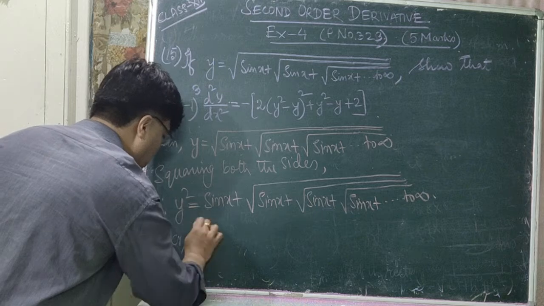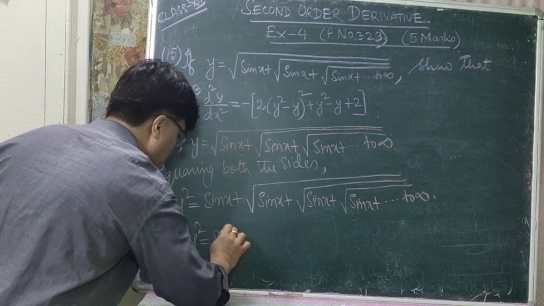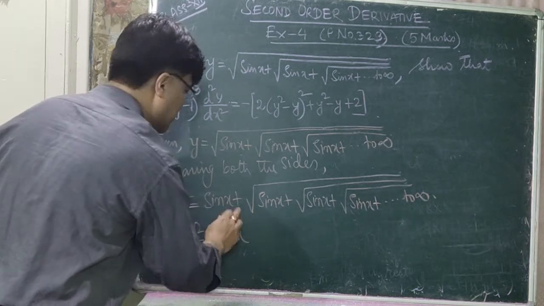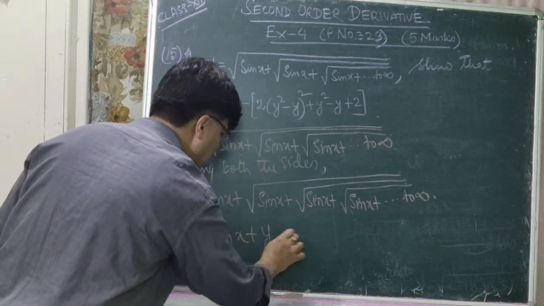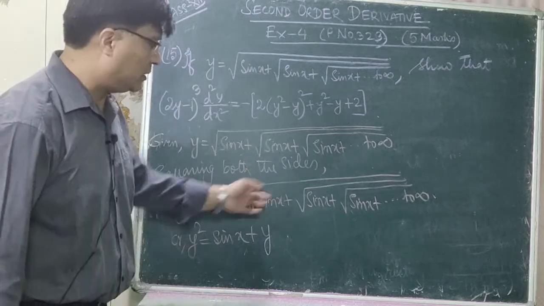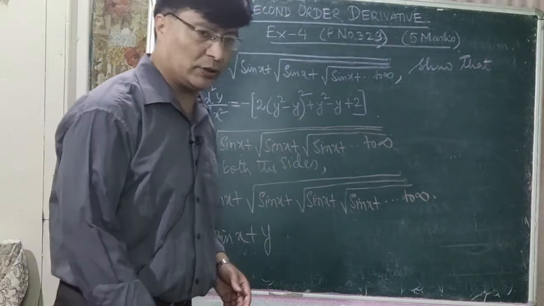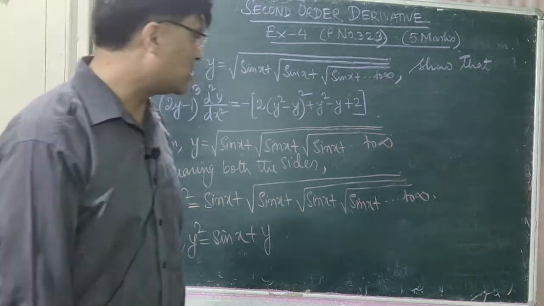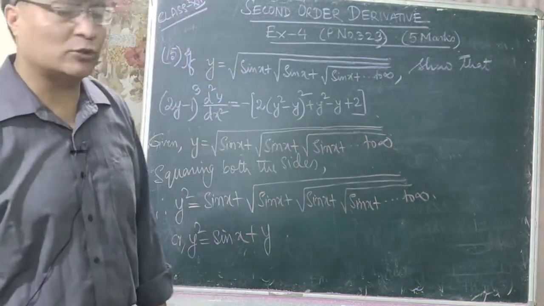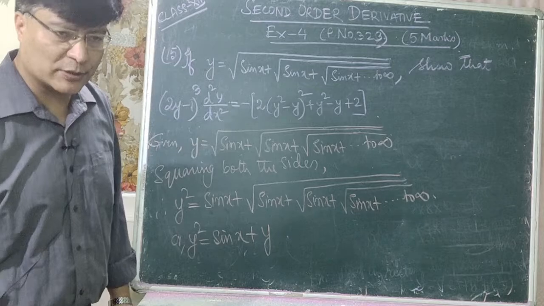So y square is equal to sin x plus y, you can write y for this square root, that is square root of sin x plus square root of sin x plus square root of sin x plus dot dot dot to infinity. So I think you have understood it.